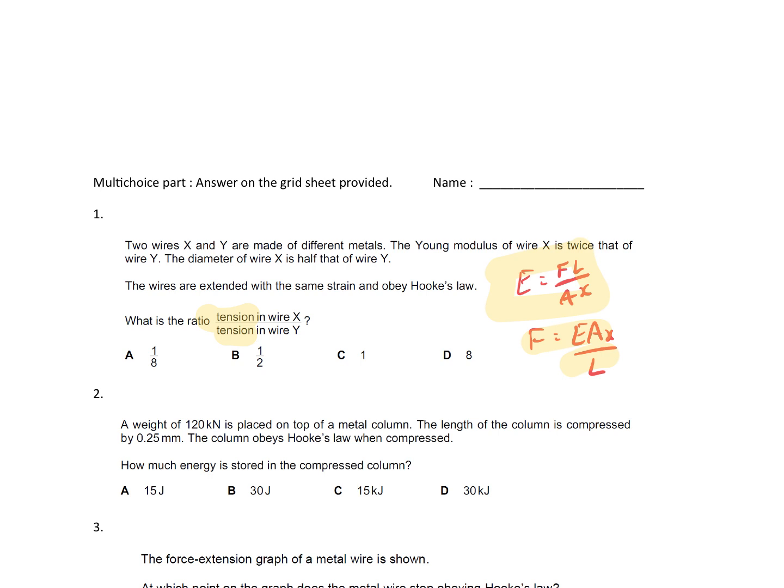So the y at x has twice the Young's modulus, so this is times 2 over here, and the diameter of y is half that, so it's half the diameter. Remember, that's going to mean the area is going to be a quarter because of pi r squared. You can see they love that little trick there. So we put that factor into there. We know it's going to be times 2 and a quarter relative to y. So it's going to effectively be half over 1 relative to y. So you get an answer B.